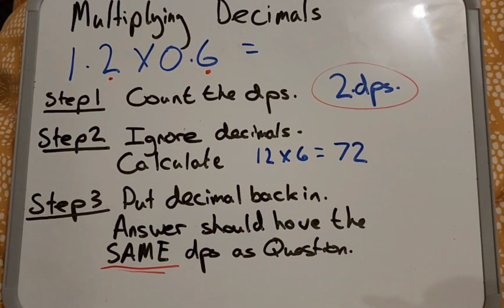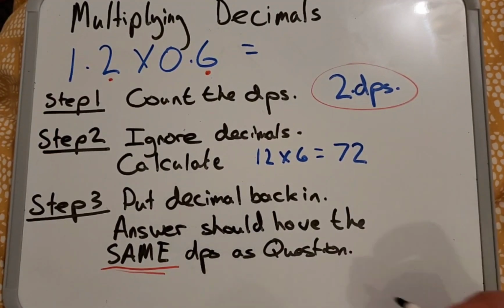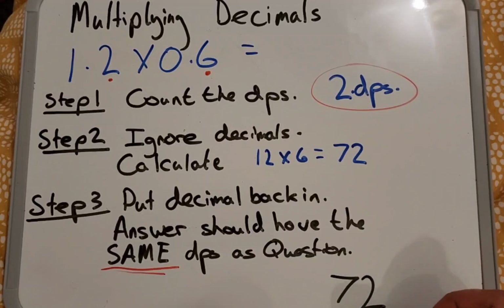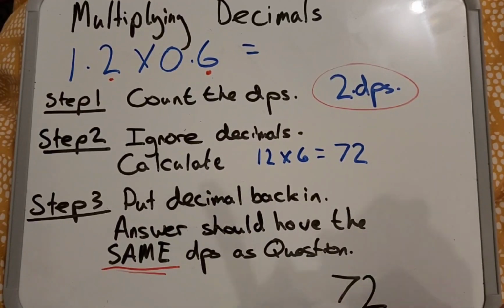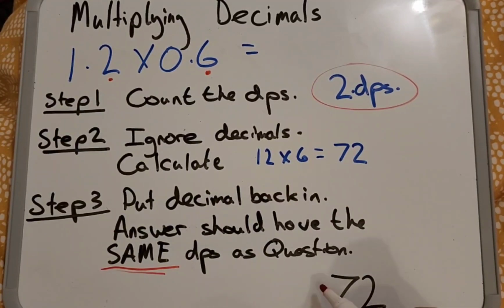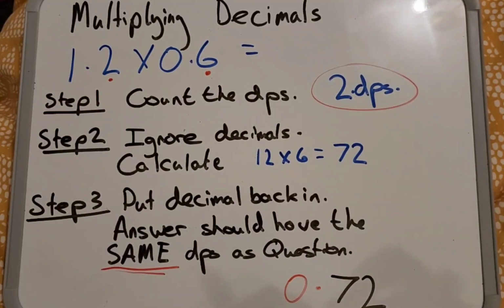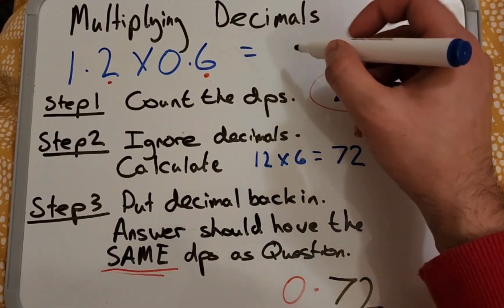Our question had 2 decimal places, so we're going to write our answer here, which is 72, but we're going to give it 2 decimal places, 1, 2, which means we're going to put a decimal here, 0 here, and a decimal.